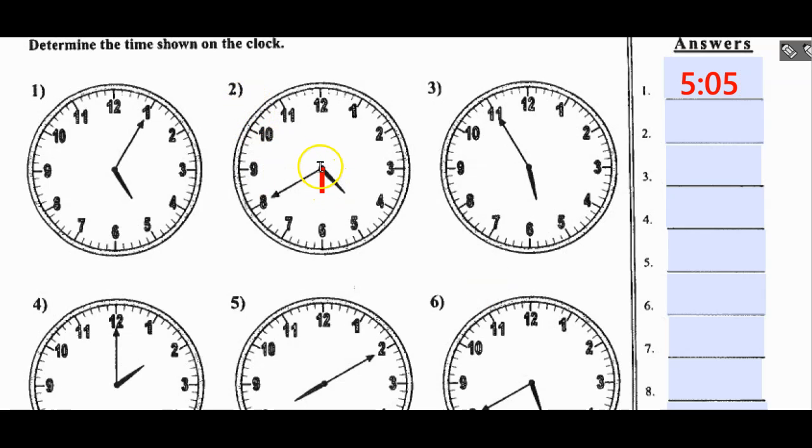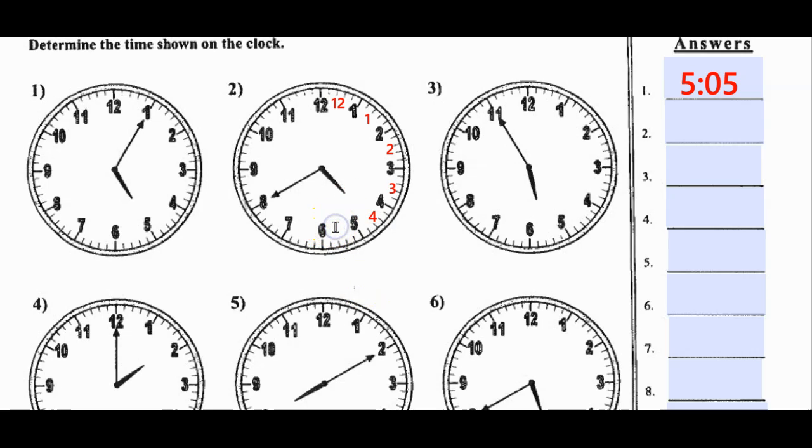Then number 2. Now the hour hand is pointing to what? Always remember, between 12 and 1, it's still 12. Between 1 and 2, it's still 1. Between 2 and 3, it's still 2. Between 3 and 4, it's still 3. Between 4 and 5, it's still 4.